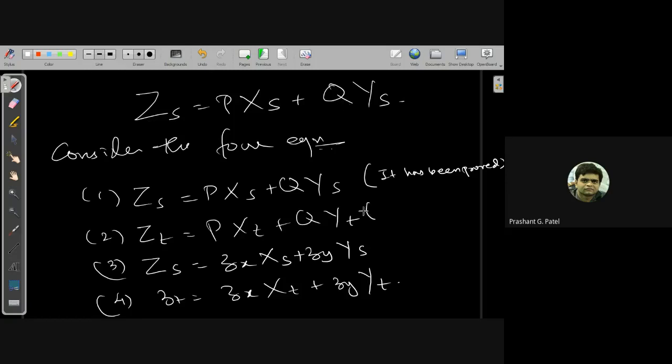The second equation is the characteristic equation, that is dz by dt is equal to p dx by dt plus q dy by dt. So this is a characteristic equation. Equations 3 and 4 are obtained by differentiating the identity equation.